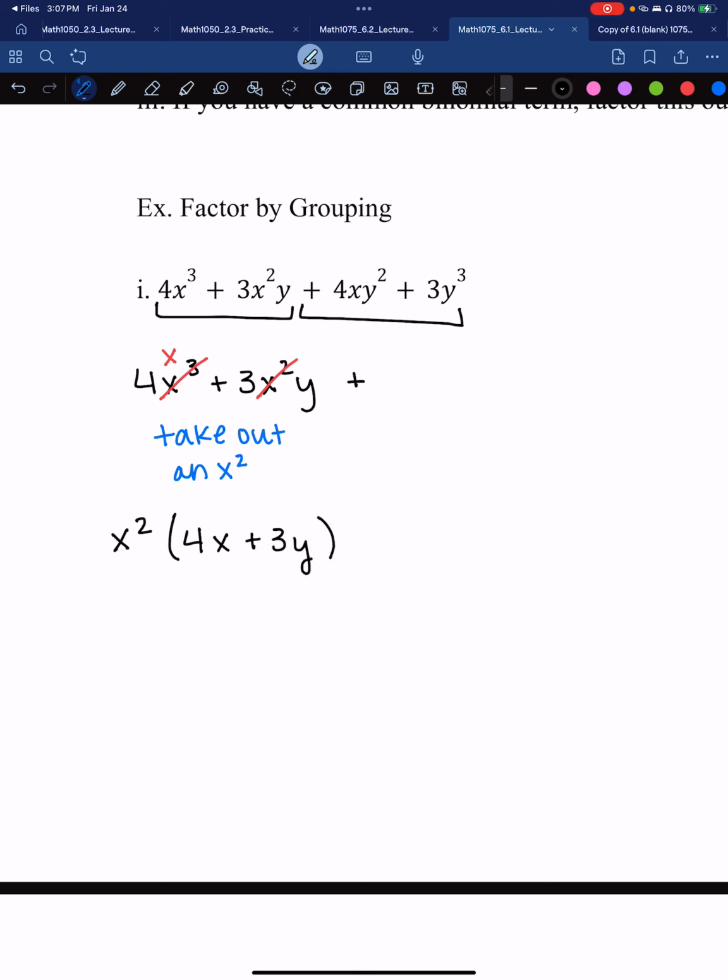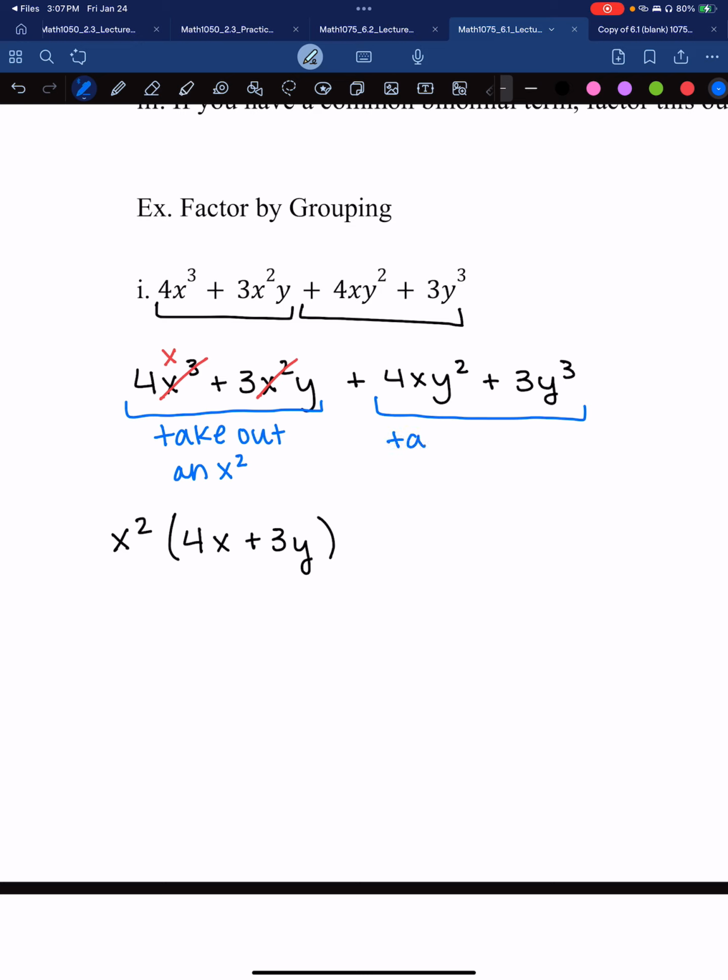And now we'll look at the other term. So we have 4x y squared plus 3y cubed. And for this problem, they both have a y squared term in common.